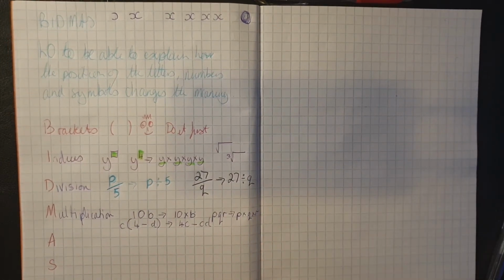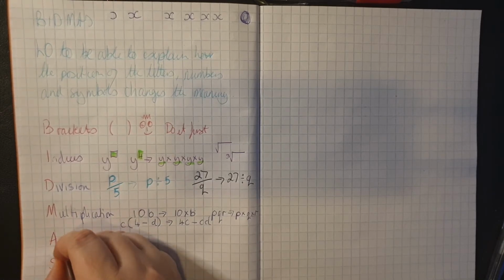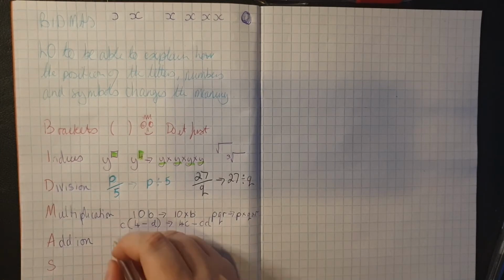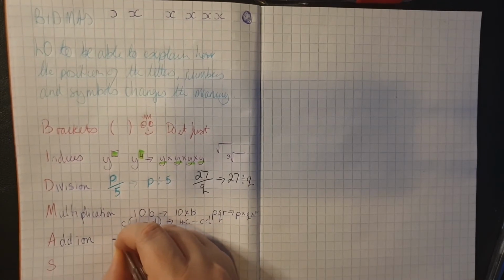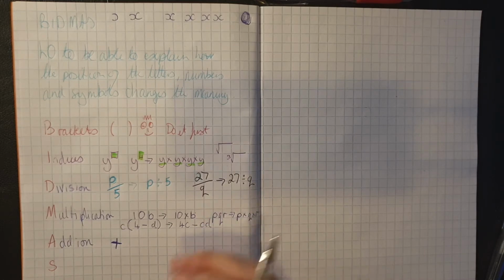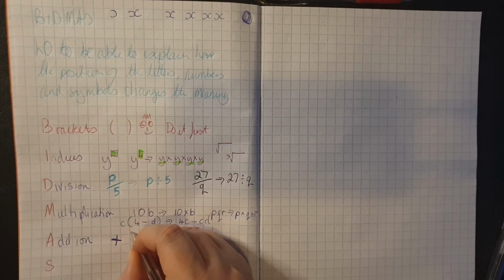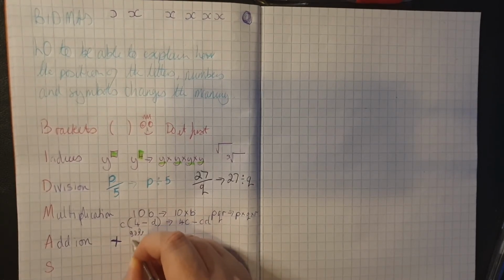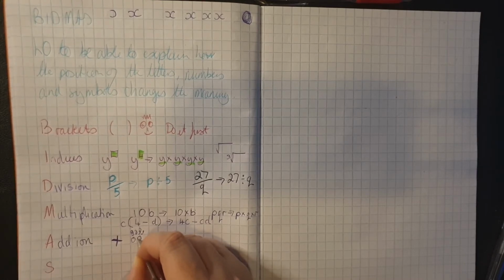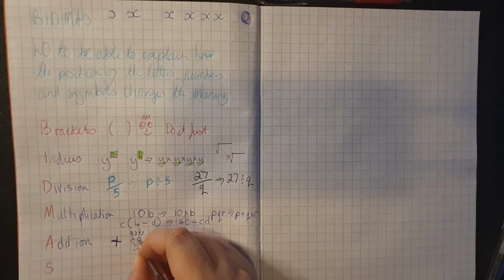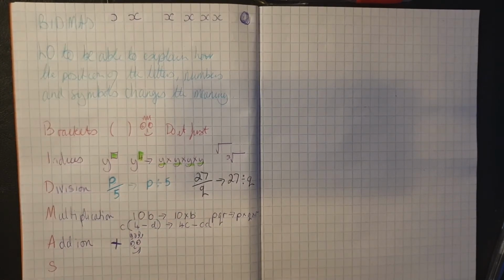A is for add or addition, so it's in the same tense, and again we have the plus sign, and if you see the plus sign there in algebra, it's there. If you don't see the plus sign, it's not there. So I'm going to do another little emoji, curly hair this time. Okay, looking at the plus sign, there it is. Lovely.